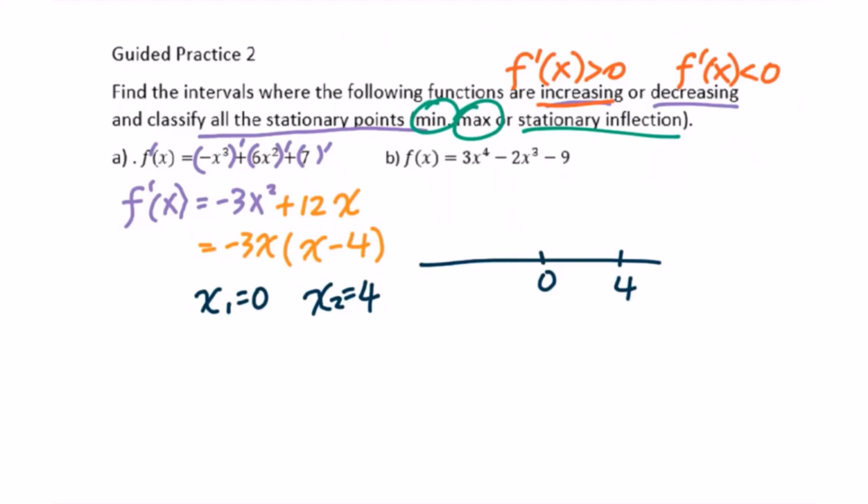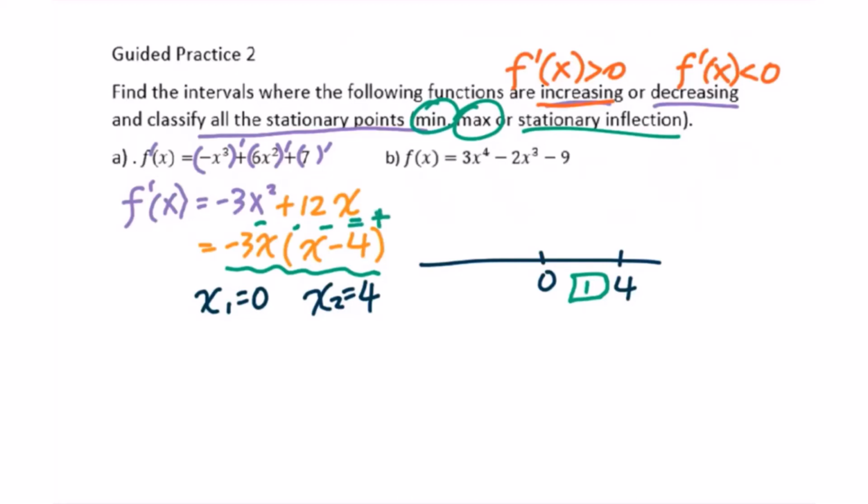Here's 0, so we cannot choose 0. I use 1. I plug 1 into this factor form function. When you plug in 1, negative 3 times 1 is negative. x minus 4, that's 1 minus 4, is negative. Negative times negative equals positive.